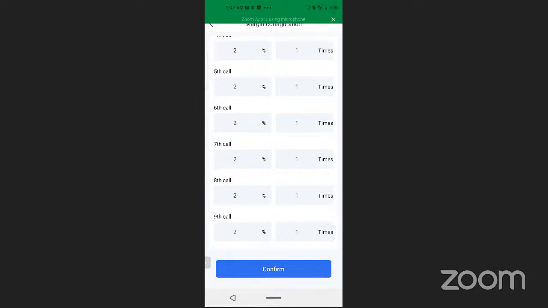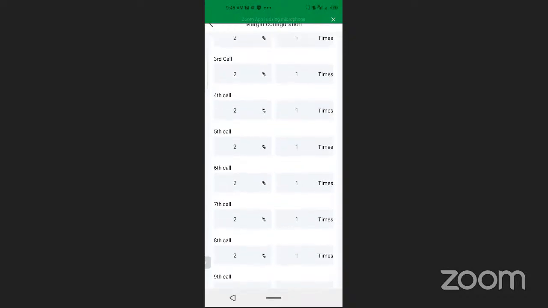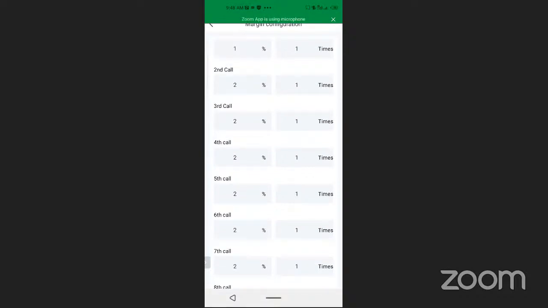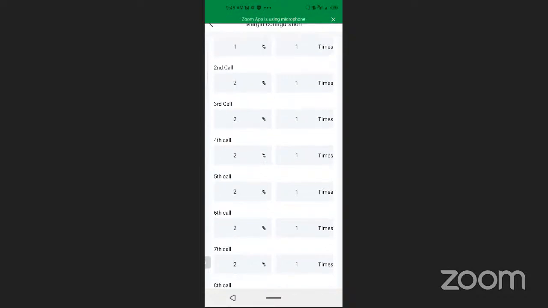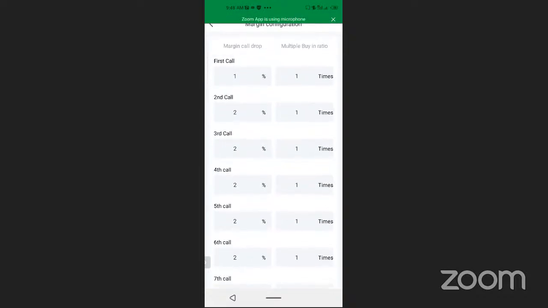But if it doesn't go down 2% from the previous margin call, it will not buy. You understand? When you give the instructions, you are telling the bot that if the market falls by 2% from the previous purchase, please buy again. Now, why do you become emotional when it's you who set the setting? So the robot listens to your instruction, it will not buy.